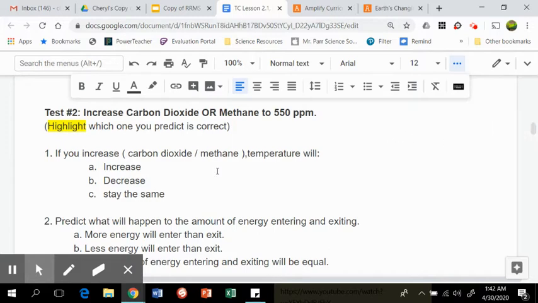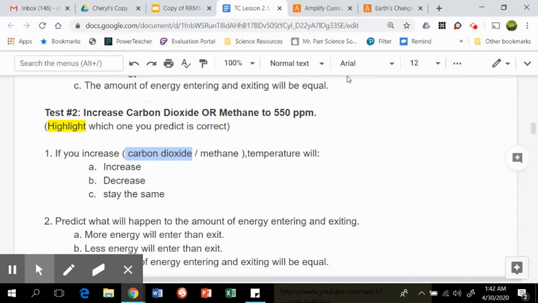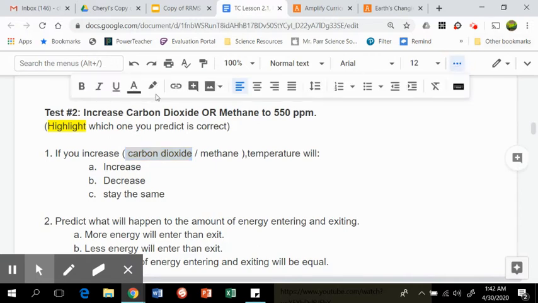So here, this is increasing carbon dioxide or methane. Choose which test you're going to watch. I'm going to have to run both of them for you guys. But let's say that you want to focus on carbon dioxide. You're first going to highlight carbon dioxide. If you increase carbon dioxide, temperature will, what do you think it's going to do?